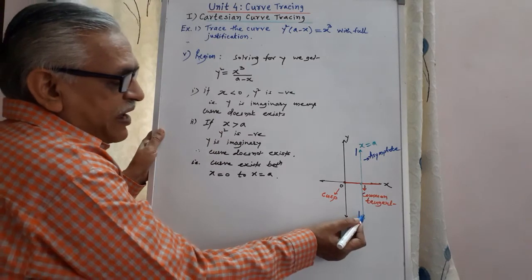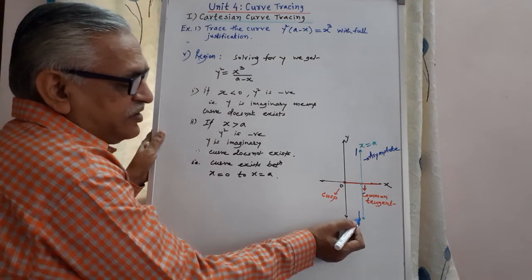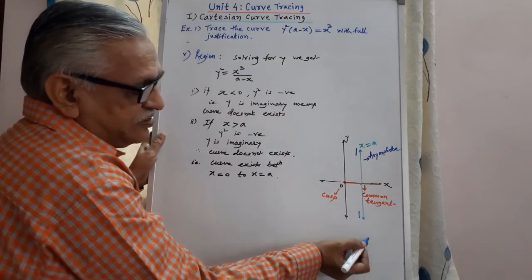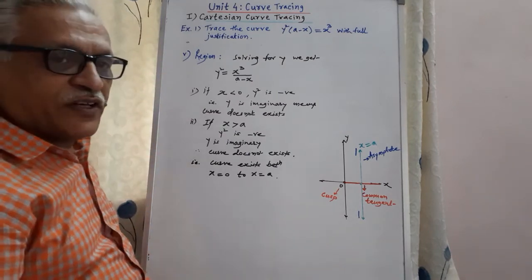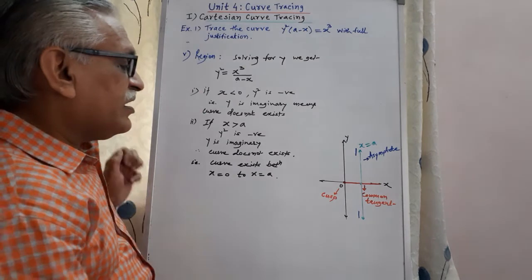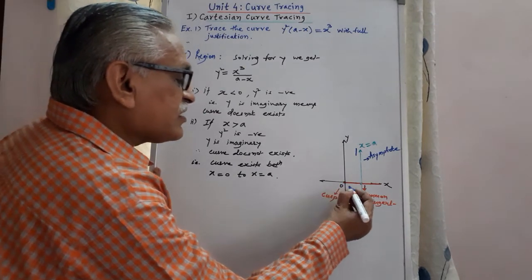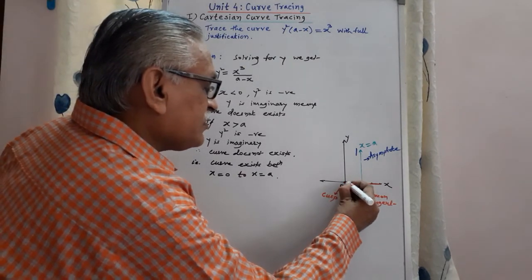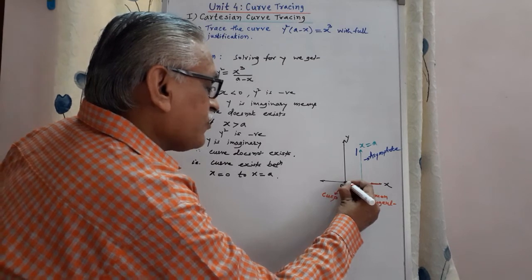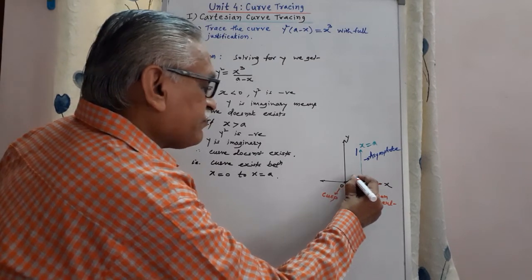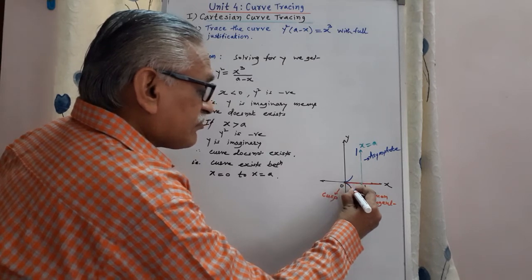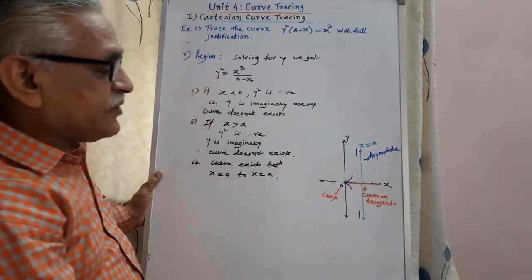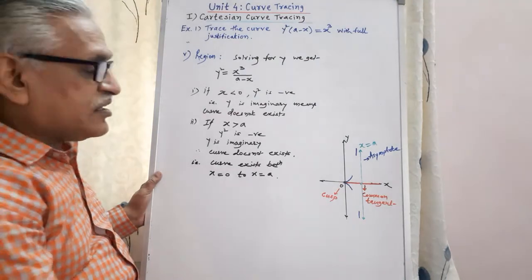When we make a parallelness between the curve and that line, means it will touch this line at point of infinity. At origin we are getting a cusp, therefore cusp means a pointed shape, therefore make a pointed shape. This type of shape is called as a cusp.